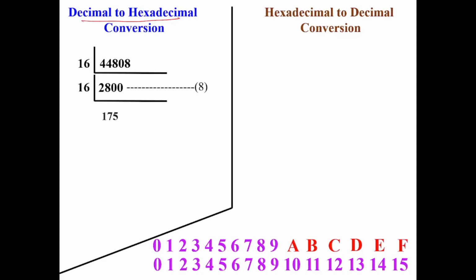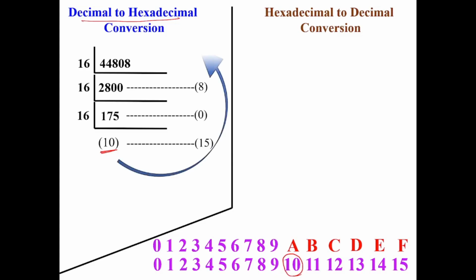Again divided by 16, we get quotient 175 and remainder 0. Again divided by 16, we get 10 and remainder 15. Here we got the quotient as 10, which is one of the numbers of the hexadecimal number system, so we stop our process and write the hexadecimal number from bottom to top: 10, 15, 0, 8.